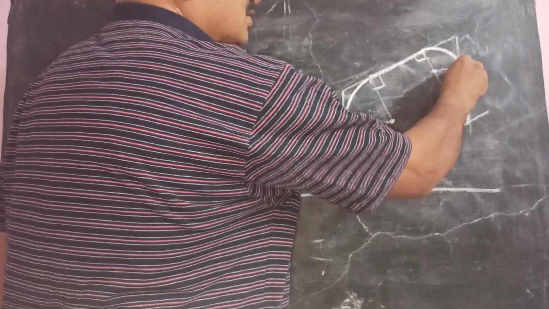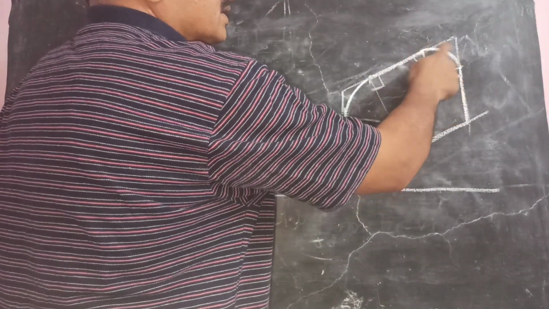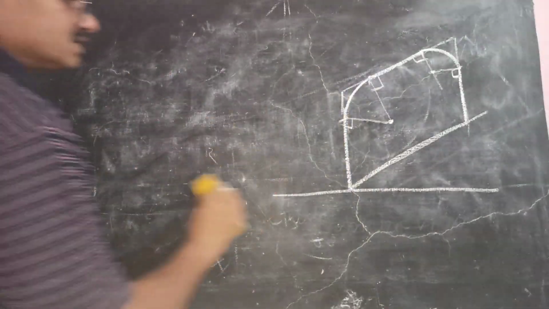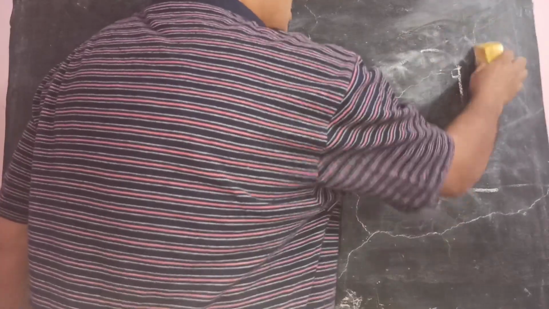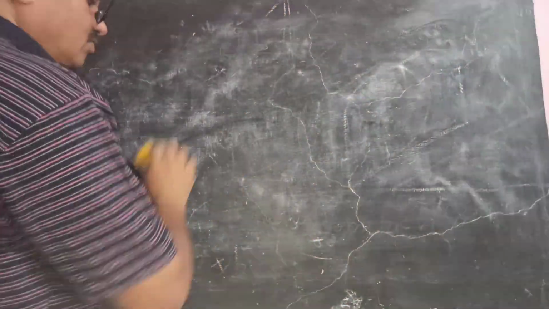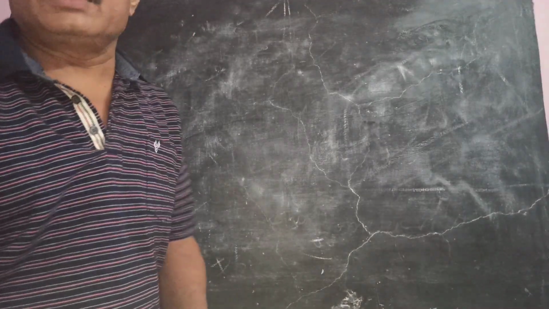This angle must be of 90 degrees. Unless it is of 90 degrees, you cannot get the correct shape. So these are the various shapes we want to draw while getting the isometric views or projection. Now we'll see some simple problems.